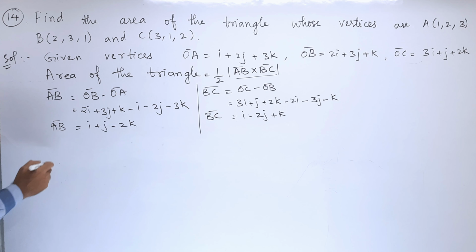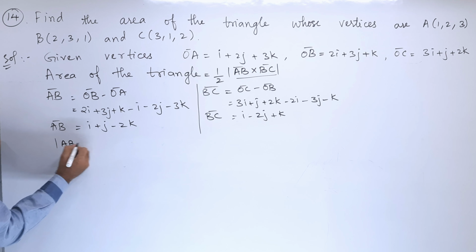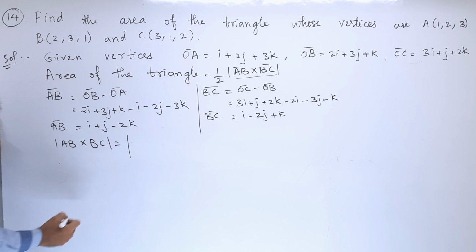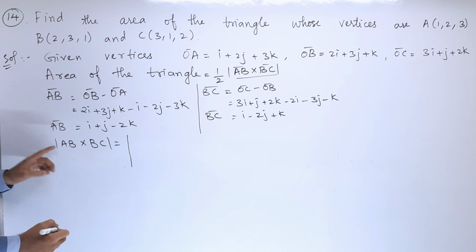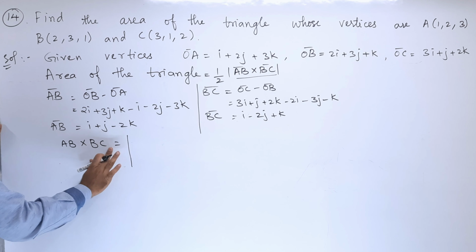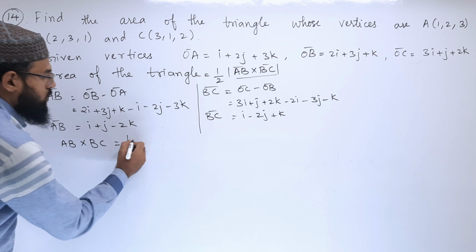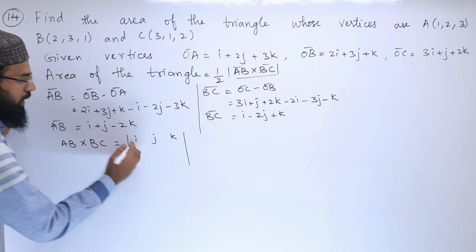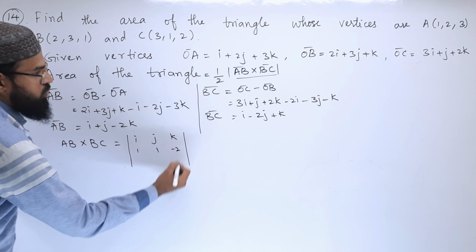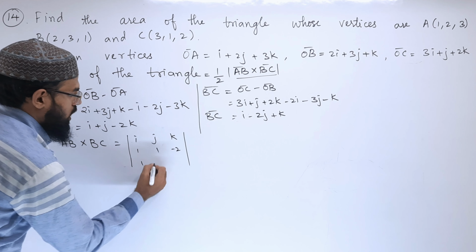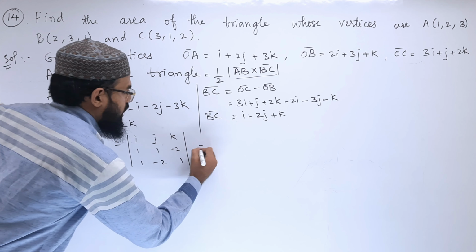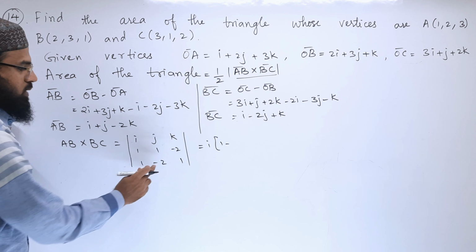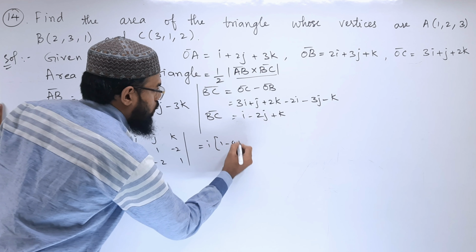Let us find out the cross product of AB cross BC. So i, j, k; 1, 1, minus 2; 1, minus 2, 1. So we will get i times (1 into 1 is 1, minus into minus plus, 2 into 2 is 4).